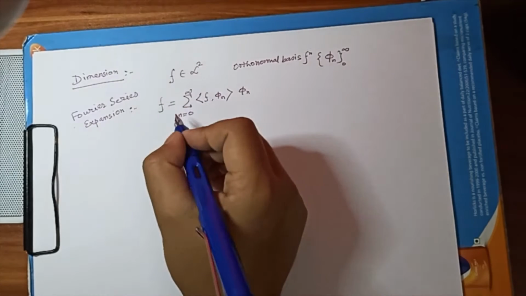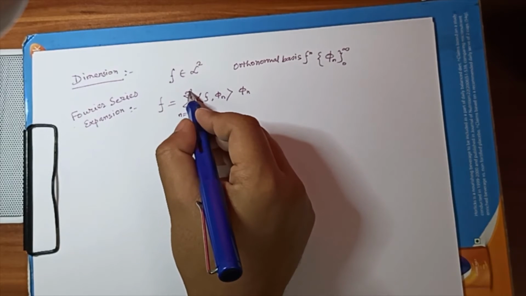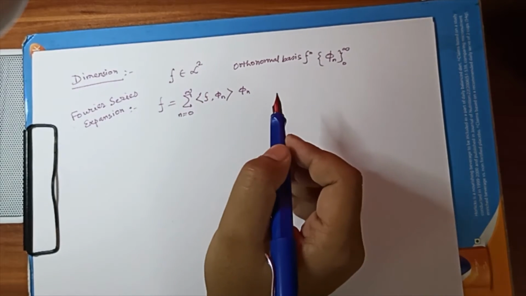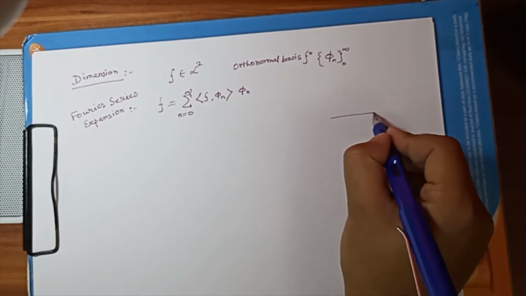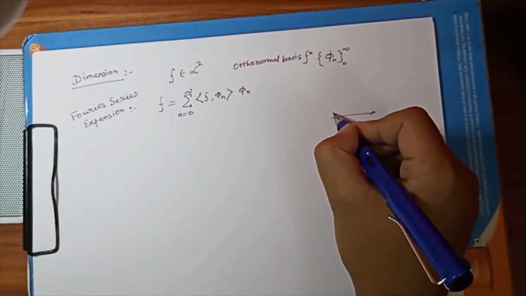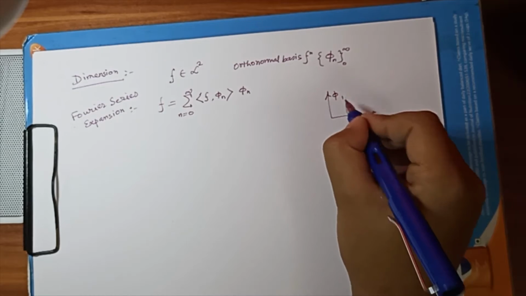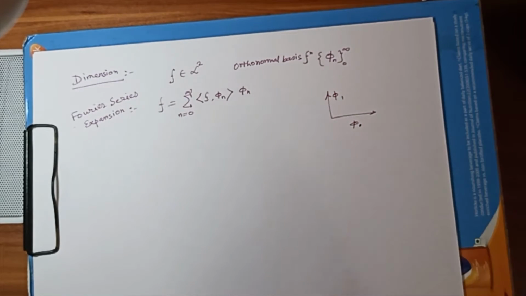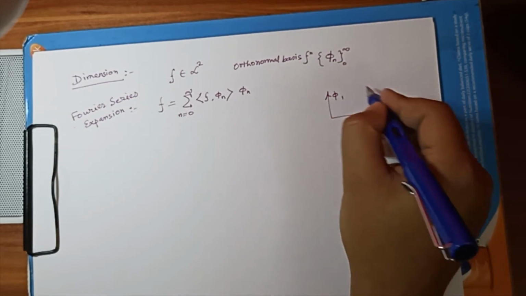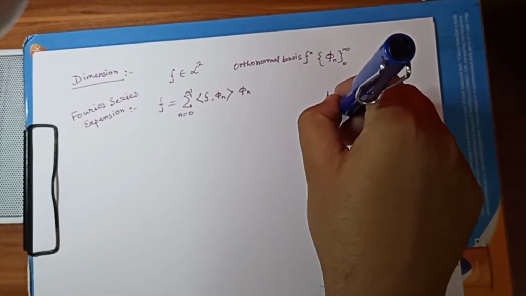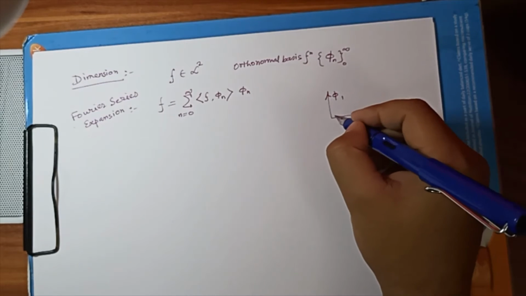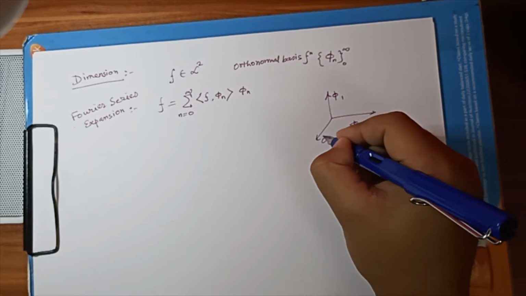Now, what is the dimension of such a signal? As it is going to infinity, this is an infinite dimensional signal. So you can visualize it. Suppose this is a vector phi 0, this is an orthogonal vector phi 1, another orthogonal vector phi 2, and so on. So the dimension increases. This is 2 dimensional. When you add another dimension, phi 2, this will be 3 dimensional.